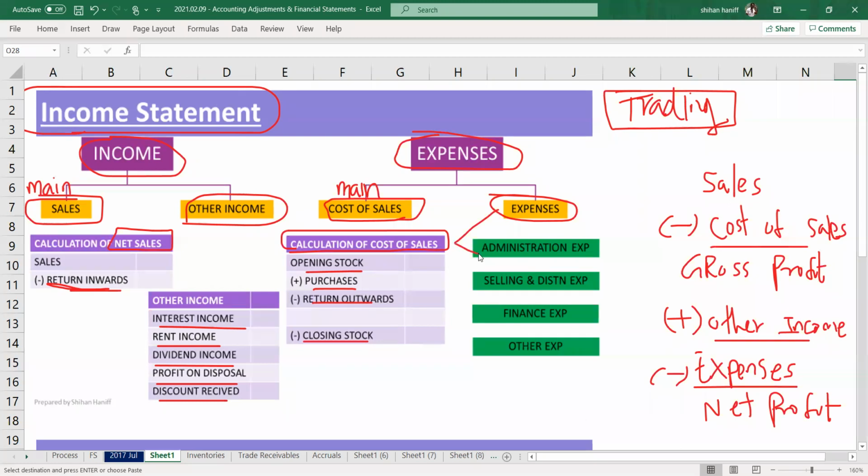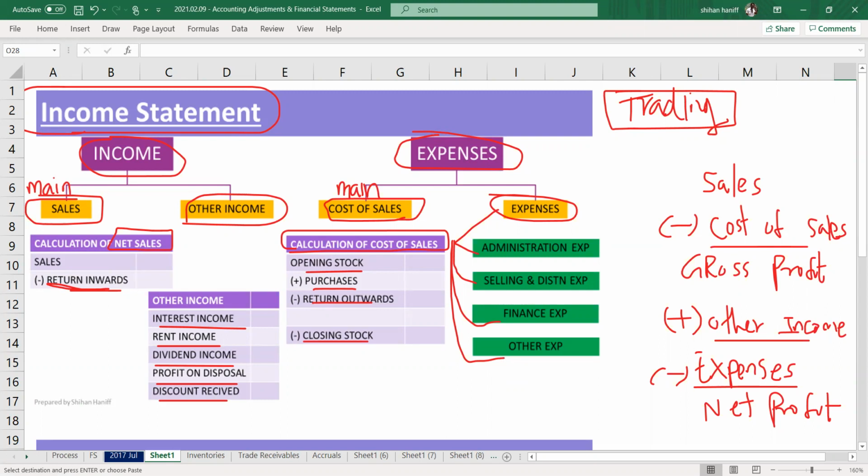Expenses are categorized into 4 types: administration, selling and distribution, finance expense, and other expense. Administration means the expenses within the office and administration related. Examples: electricity, rent, rates, stationery, printing, building maintenance, salaries, office related expenses.